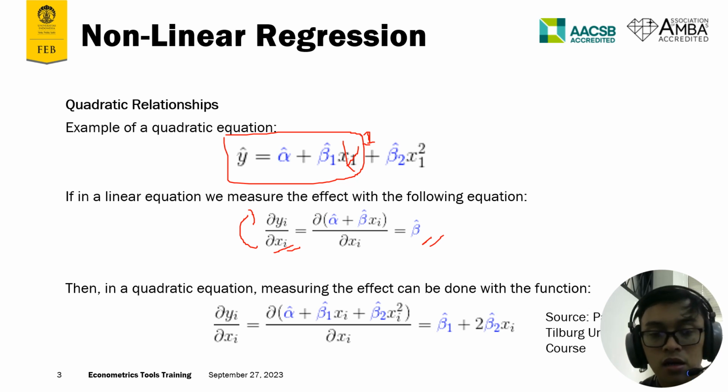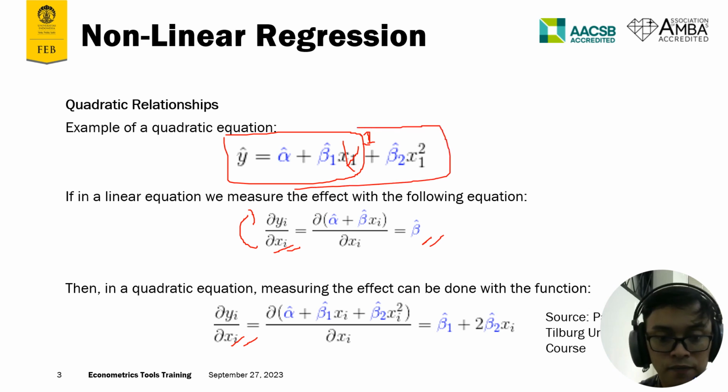But here, if you have a quadratic form, we can see that there is additional information, which is when x is increased 1 point, how much the y will increase also. We need to differentiate to do the same thing, not just in the linear model, but also in the quadratic form here.